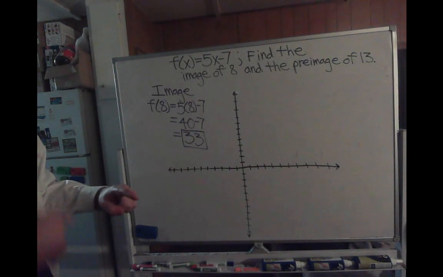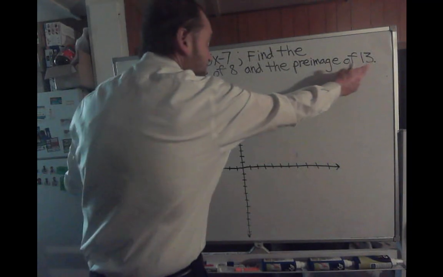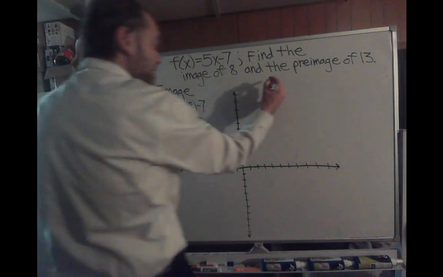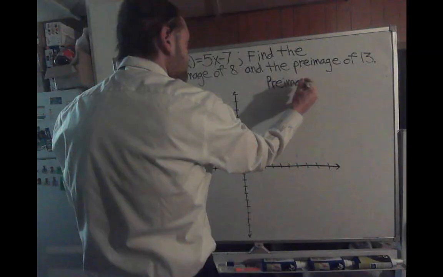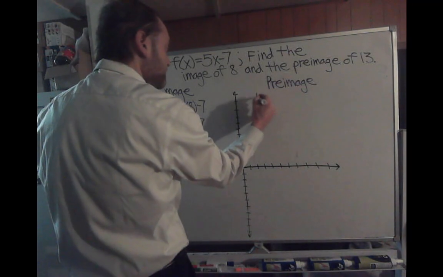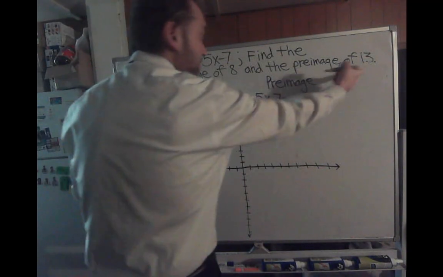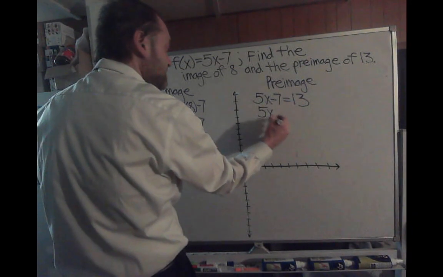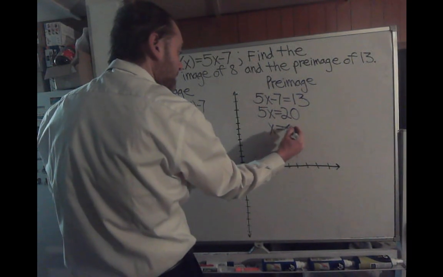Now, to find the preimage on the other hand, the preimage is the value of the function itself, not the value you're going to stick in. To find the preimage, which would be before the transformation, you're going to take the function itself, the 5x minus 7, and set that equal to the value of the preimage, which is 13, which then would give you 5x equals 20, which would give you an x value of 4.